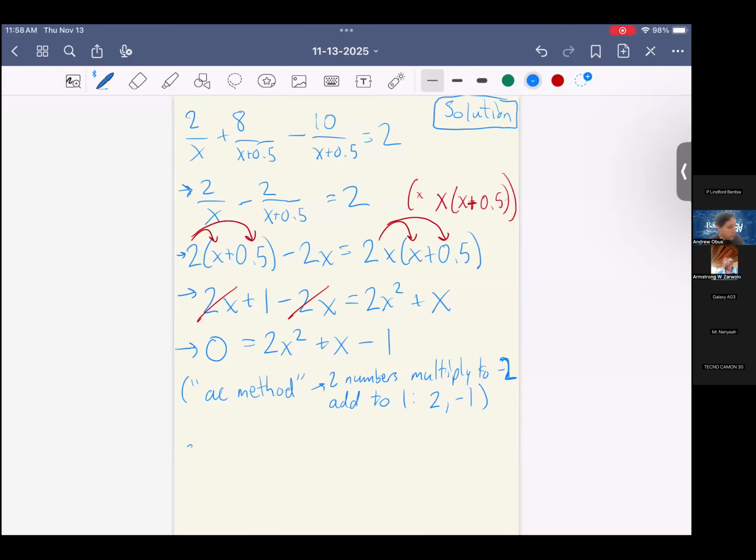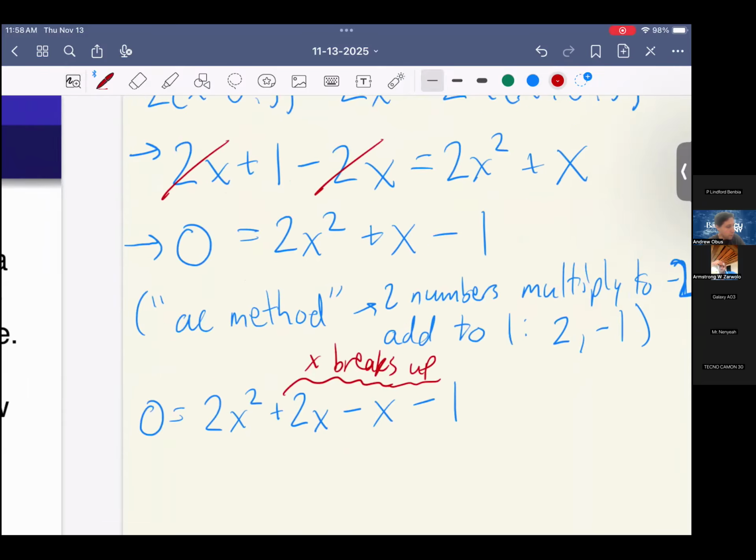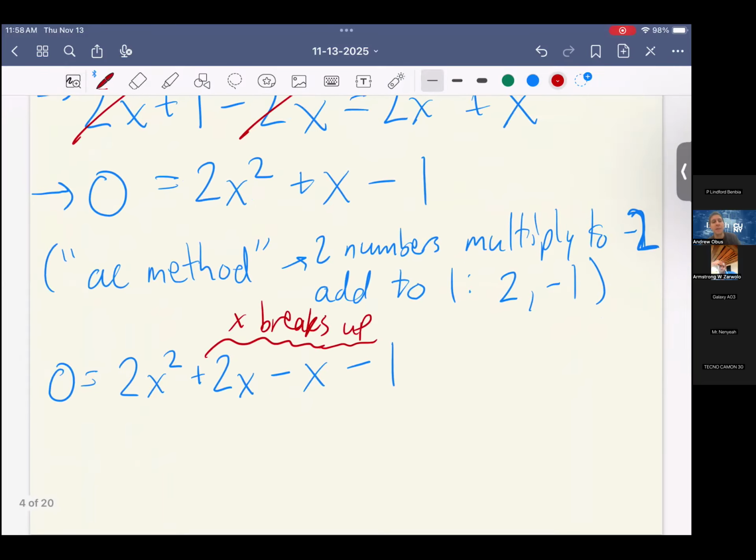Then remember what we do with the AC method. We have 0 equals 2x squared, and we break up the x using our 2 and our minus 1: we add 2x, subtract x, and then we have our minus 1.